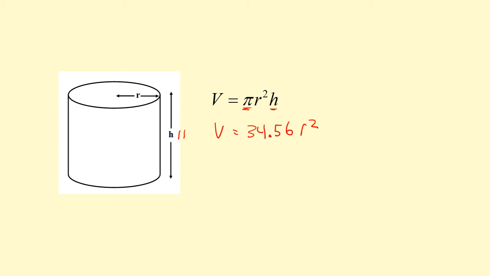So what I'm going to do is set up a hypothetical problem with this. Let's say that we had a cylinder whose volume was 3,456. And then we asked, what is the radius?